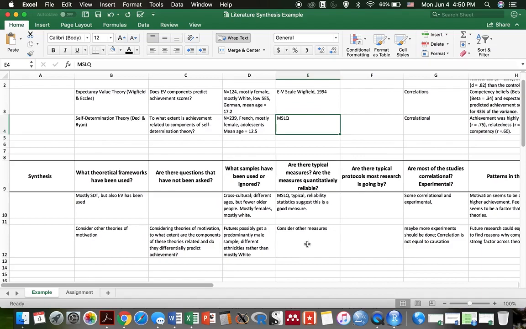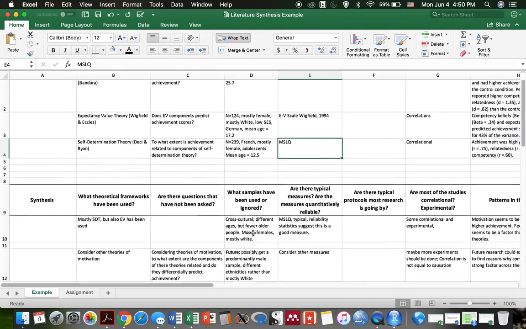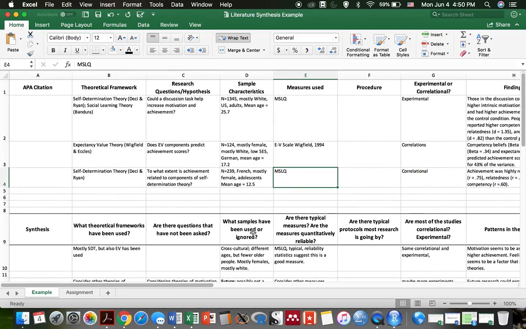There are lots of different subscales that people typically pull out. So I say, well, would I use this particular measure? And when I look at the items, I might say, well, they didn't talk about this other thing that I really want to know about. So then I might try to find a measure that's also reliable that I could use along with it. Okay? So again, this is more if I'm going to do a study on my own.